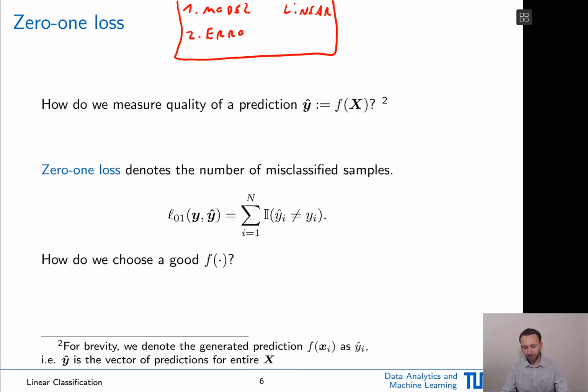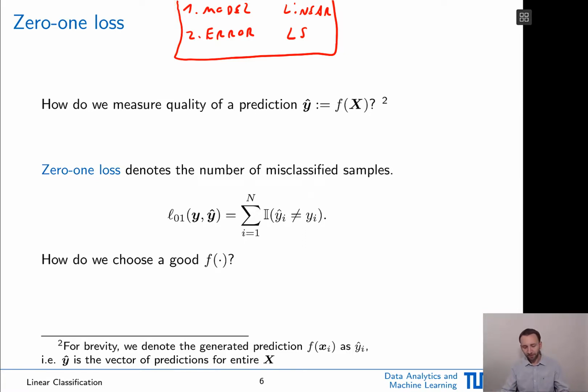And as we learned, there is also a probabilistic interpretation, but we can pick an error function, for example, the least squares error function. So these were the 2 steps, picking the model, picking the error function, the loss function. Then we can minimize this loss function with respect to the weights, with respect to the parameters of the model. And then we have a model which well explains our data. So that's a simple 2-stage process, so to say, of what you have to do, picking the model, picking the loss function.